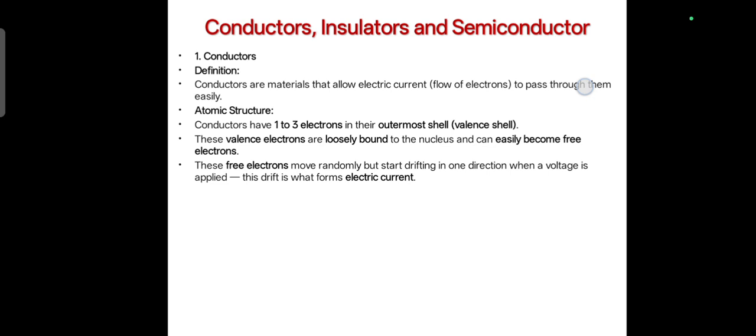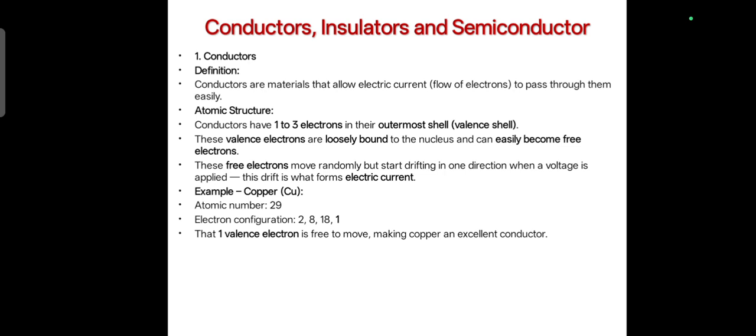An example of a conductor is copper. The atomic number of copper is 29 and the electron configuration is 2, 8, 18 and 1. So the outermost shell of copper consists of only 1 electron, that is a free electron. That one free valence electron is free to move, making copper an excellent conductor.